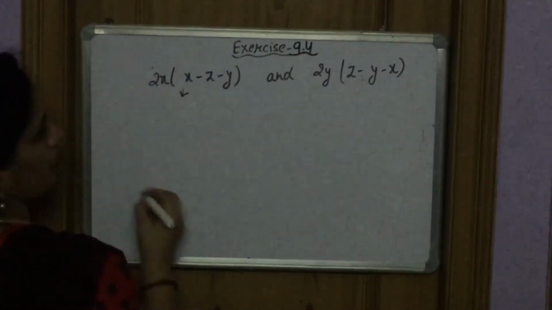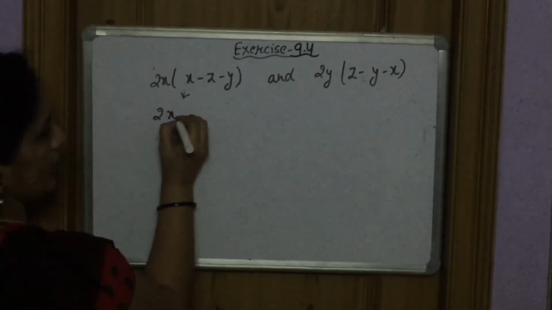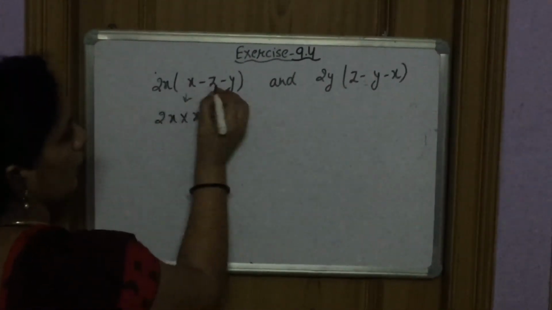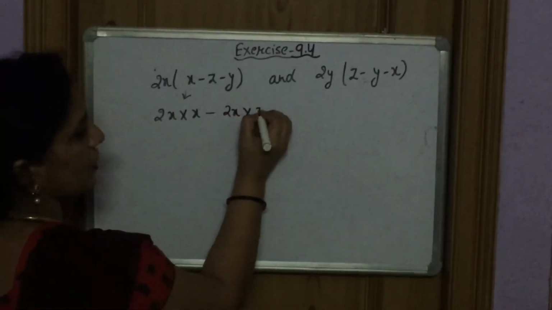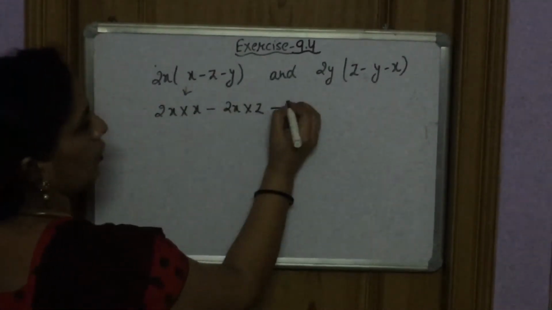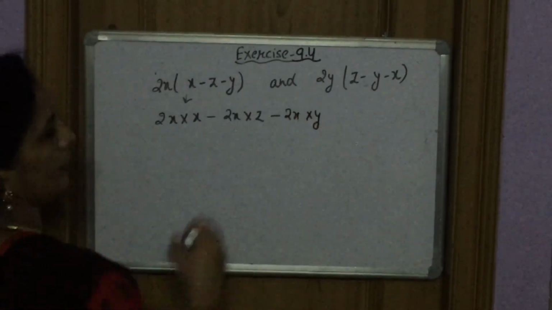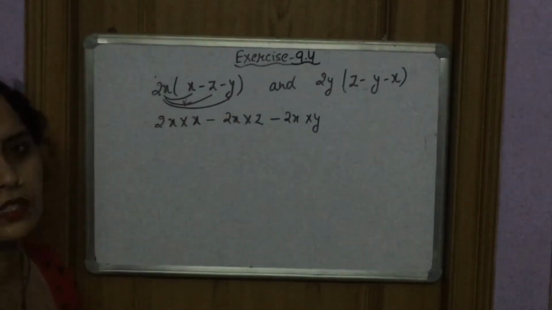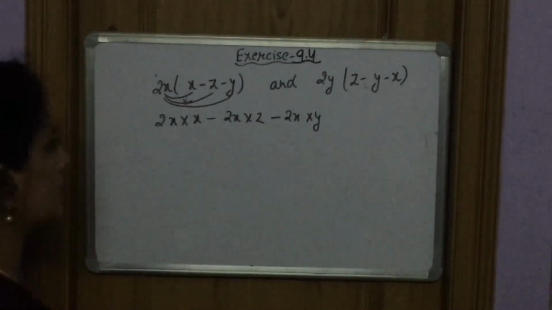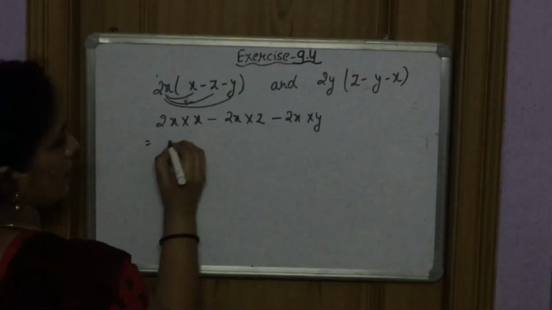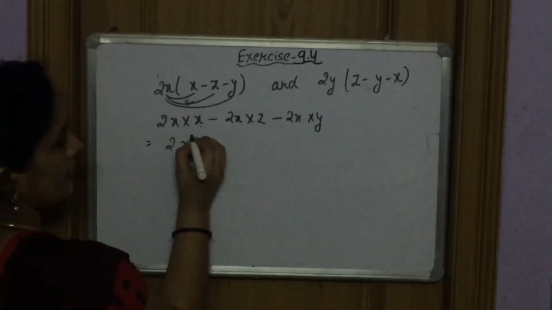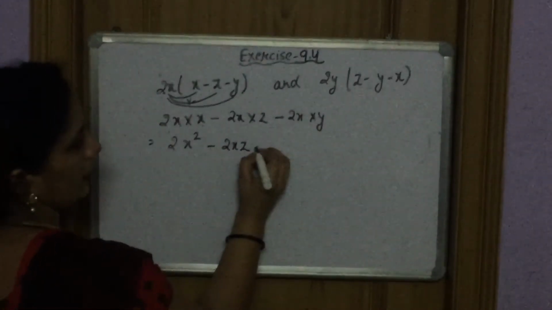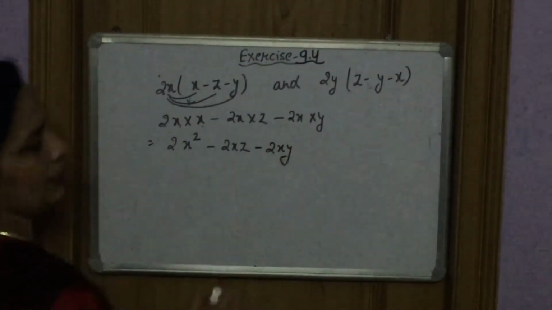In the first term, this is 2x multiply x, then minus 2x multiply z, minus 2x multiply y. What will you do here? Distribute the term with all of the terms. Then the final answer is 2x and x, this is x square, minus 2xz and minus 2xy.